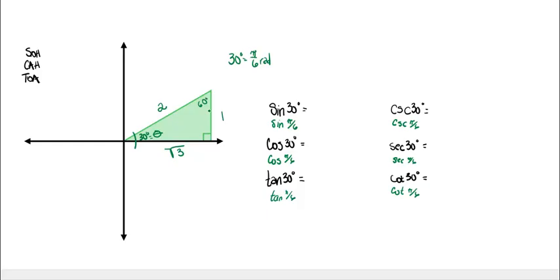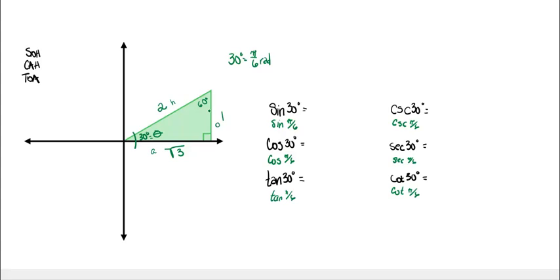So my x and y have switched, or my opposites and adjacents are different numbers. This is the opposite of theta, this is adjacent to theta, and this is the hypotenuse. So the 1 is the side opposite 30 degrees, the square root of 3 is the side adjacent to 30 degrees, and the 2 is the hypotenuse.